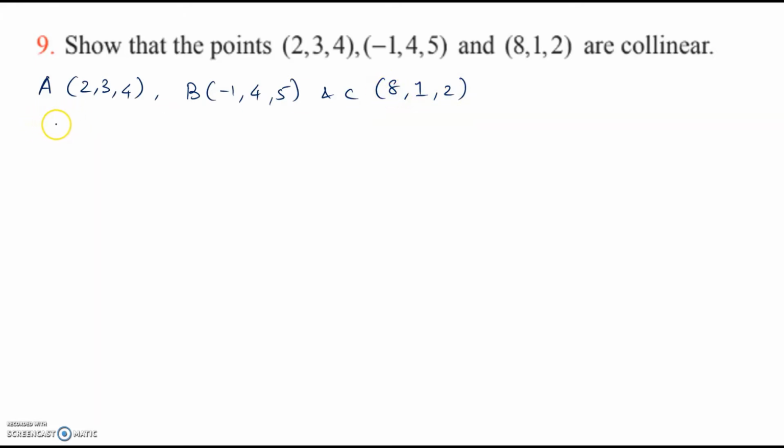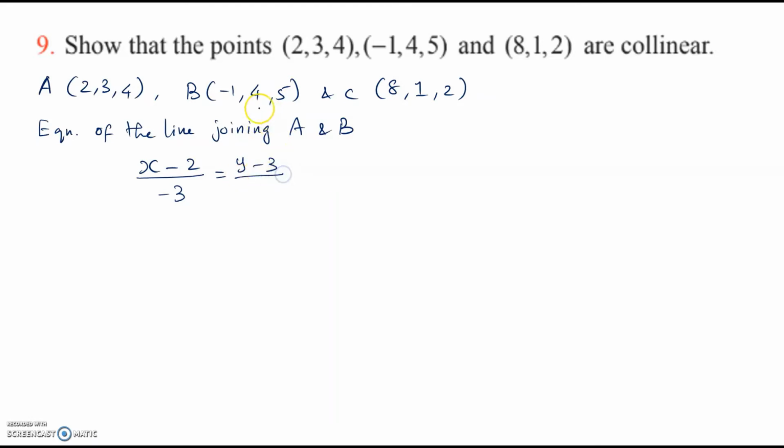Now the equation of the line joining A and B can be written as, using the Cartesian method, x minus 2 divided by minus 1 minus 2, which will be minus 3, equals y minus 3 by 4 minus 3, which will be 1, equals z minus 4 divided by 5 minus 4, which is 1.